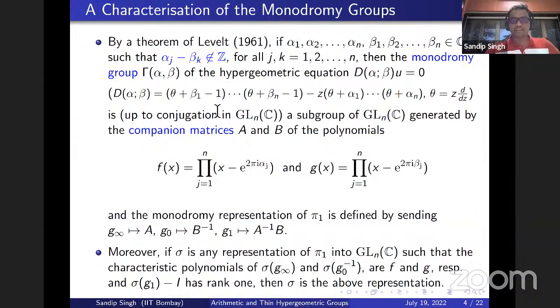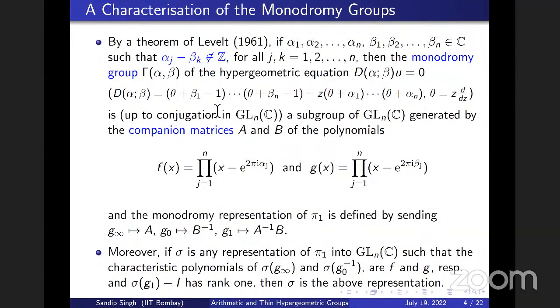It can be defined just by 3 generators with only one relation, G infinity G1 G0 equal to identity, in a subgroup of GLnC, where the condition is that A inverse B minus identity has rank 1. So if we define a hypergeometric group like this, can we always realize it with some hypergeometric equation?